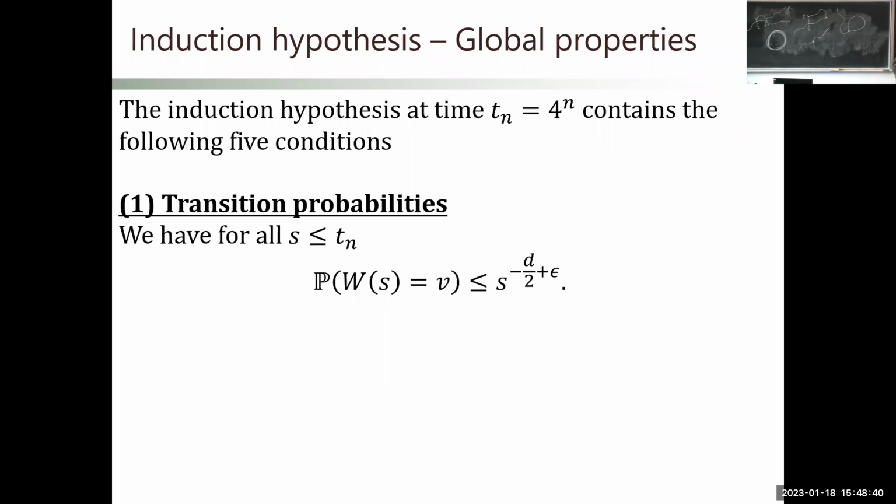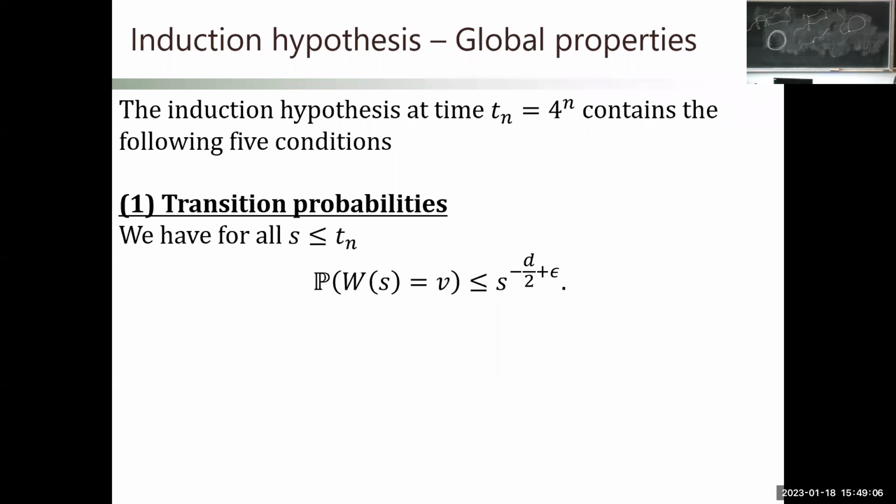You want to show that the probability to end up at a particular vertex behaves like s to the minus d over 2. This is what happens for a simple random walk: the probability to end up at a particular vertex decays like s to the minus d over 2. And then the inductive assumption is that you have this up to a certain buffer of epsilon.